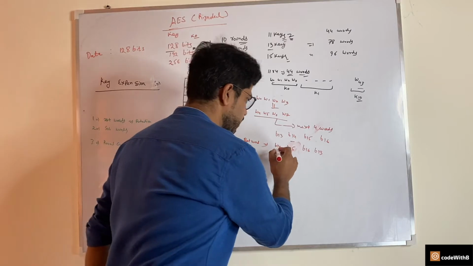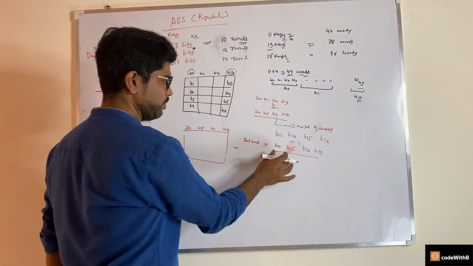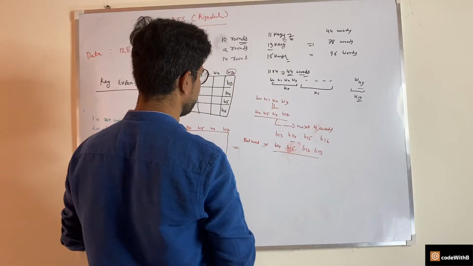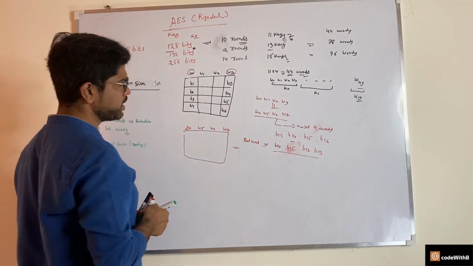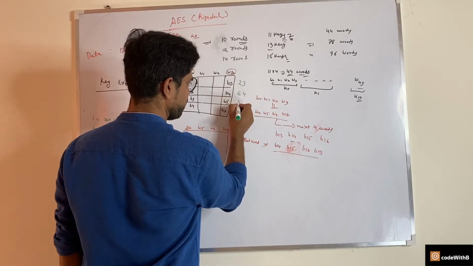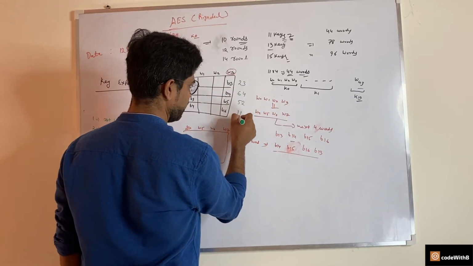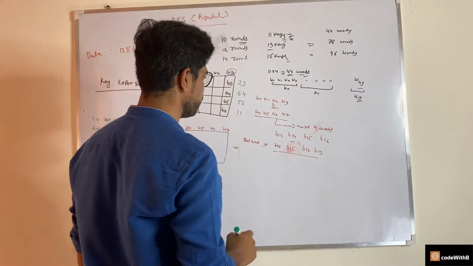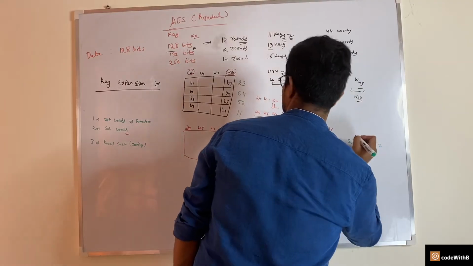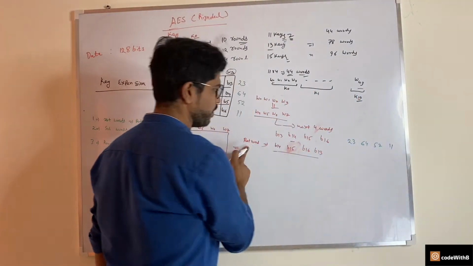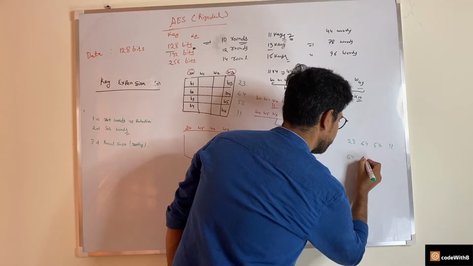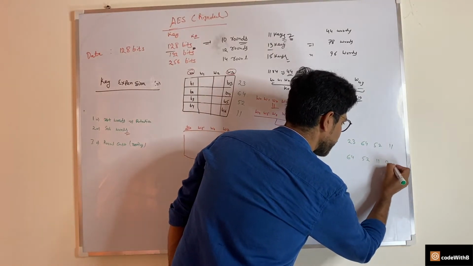Assume W3 is 23, 64, 52 and 11. The rot word will shift these values to the left: 64, 52, 11 and 23.